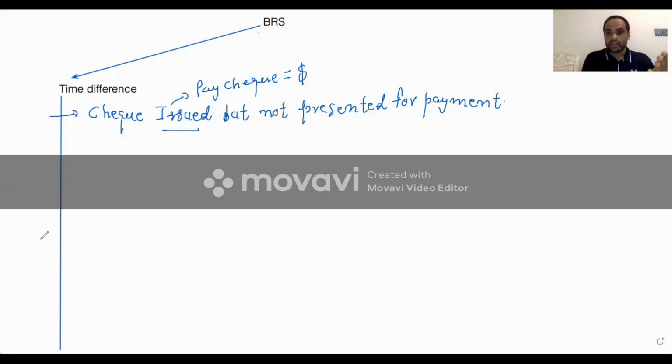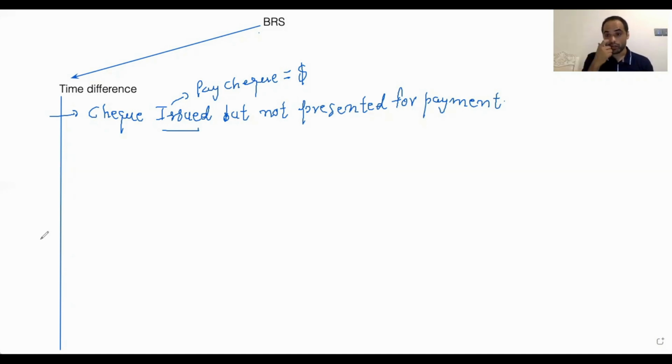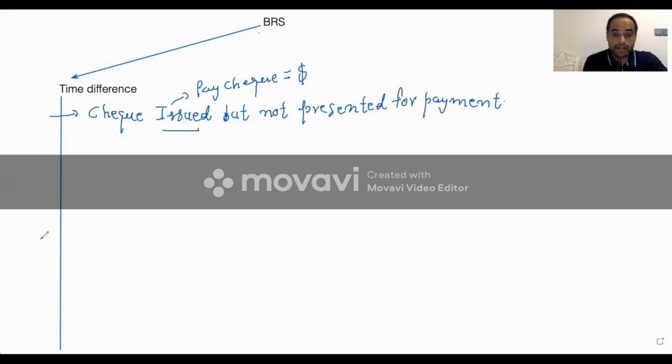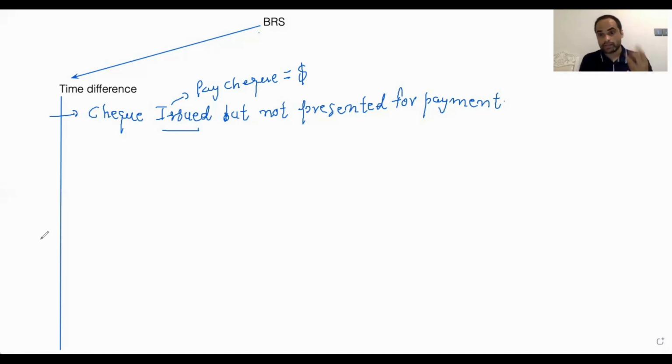Putting this check in your bank account means your bank will contact my bank and my bank will transfer money from my bank account to your bank account. You understand that? So that's the meaning of check issued, right? So check issued but not presented for payment means today I am giving you a check, and today, the same day, maybe you go to your bank to give that check.